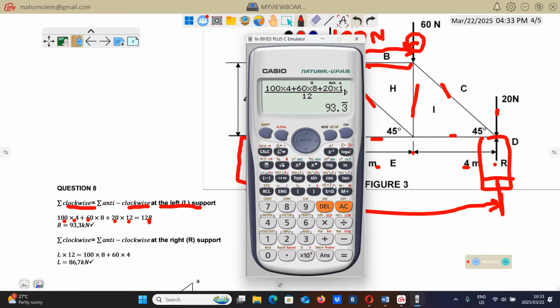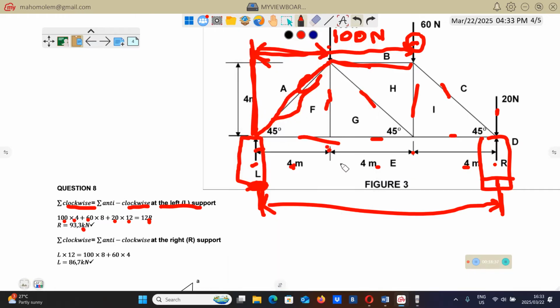You will get 93.3, as you can see here. So now we just got the reaction R, which is 93.3, meaning that this wall here is going to push upward with a force of 93.3 kN.